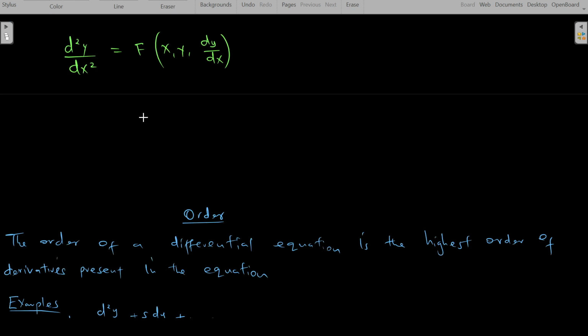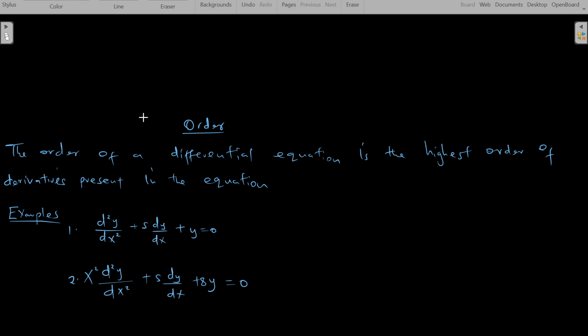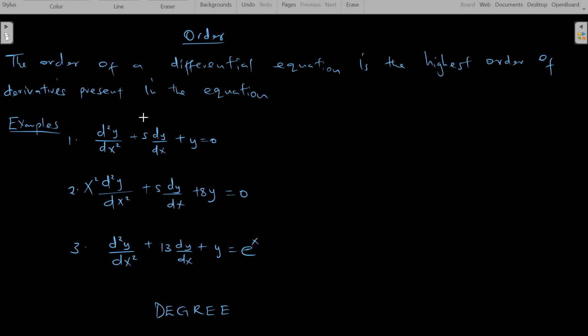Another concept we'll be looking at is the order and the degree of a second order differential equation. Basically, we will stick to second order. Remember, we have up to the third order, fourth order, and so much more, and also degrees to the fourth and to the nth term.